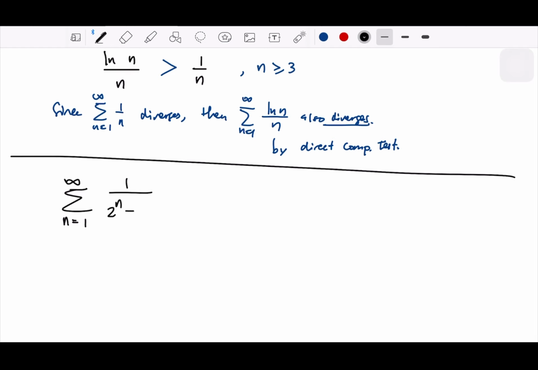If we want to compare this series, let's consider 1 over 2 to the power of n, our geometric series. We know that this is convergent, right?